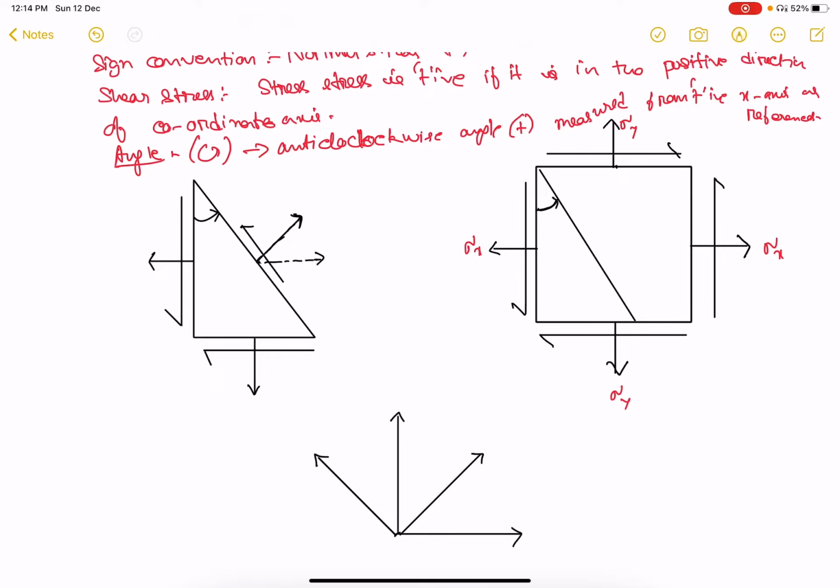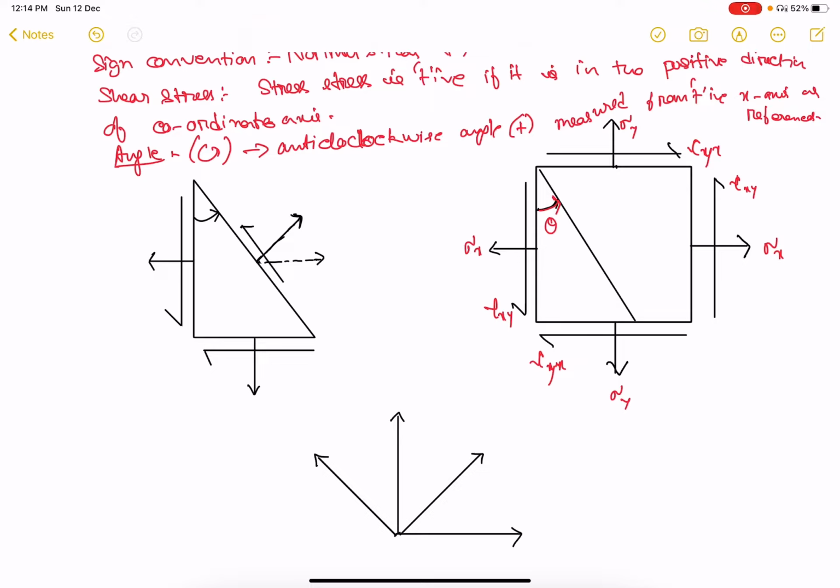This is positive shear stress because it's in the positive y direction. Similarly, this is positive shear stress because it's in the positive x direction. Similarly, these are negative actually.